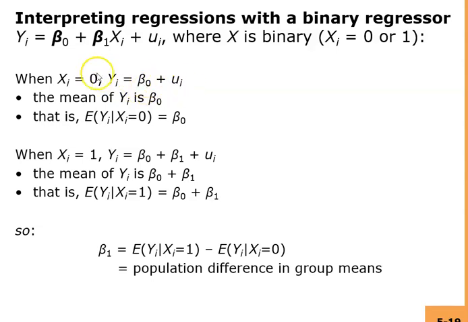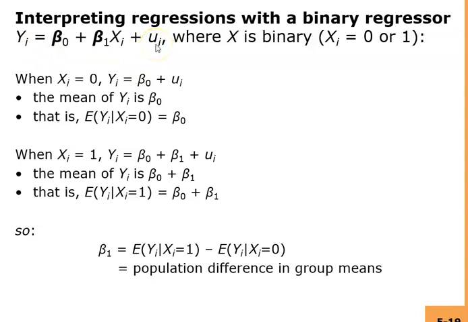And why is that the case? Because if we are substituting x equals 0 over here, this whole thing will become 0. So the mean of y_i then becomes beta naught. Why is that the case? Because if we are taking the expectation of y given any x, it would mean that we are also taking the expectation of u given any x.